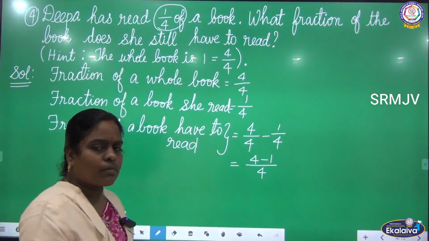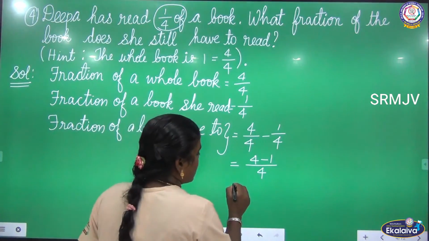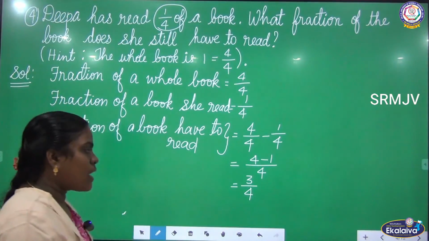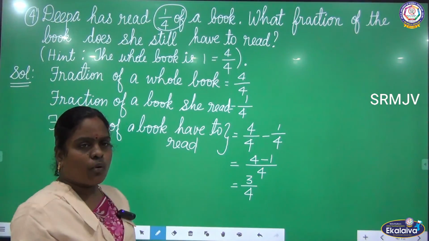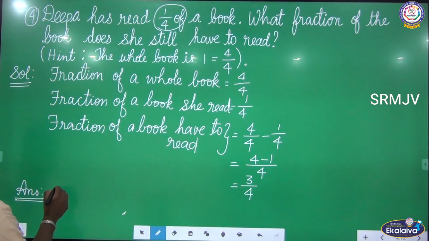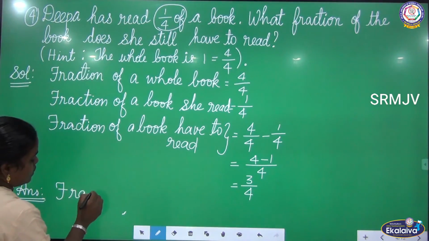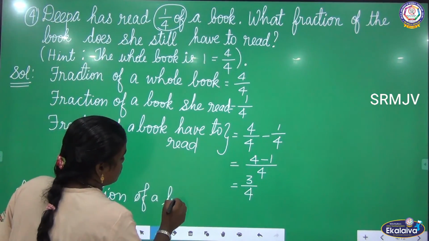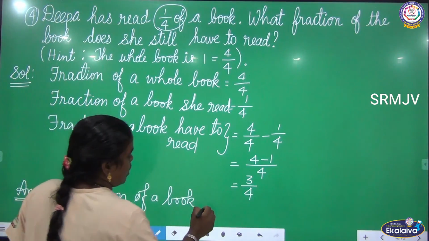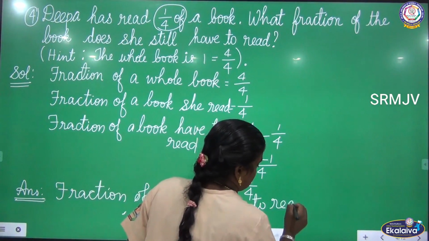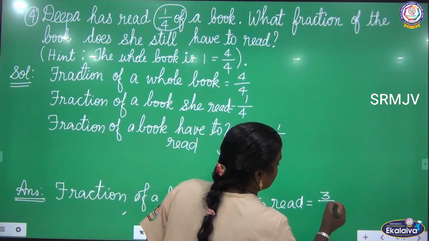So subtract 4 and 1, 4 minus 1 is 3 and the denominator is 4. So she has to read 3 by 4 of a book. Let us write the answer. Fraction of a book have to read, that is equal 3 by 4.